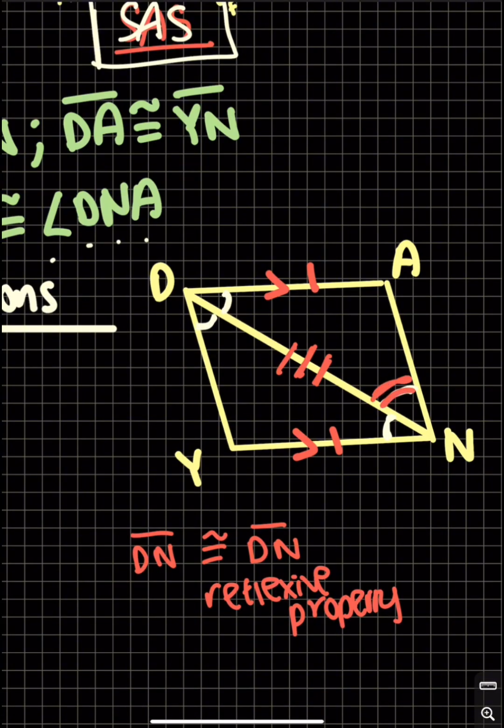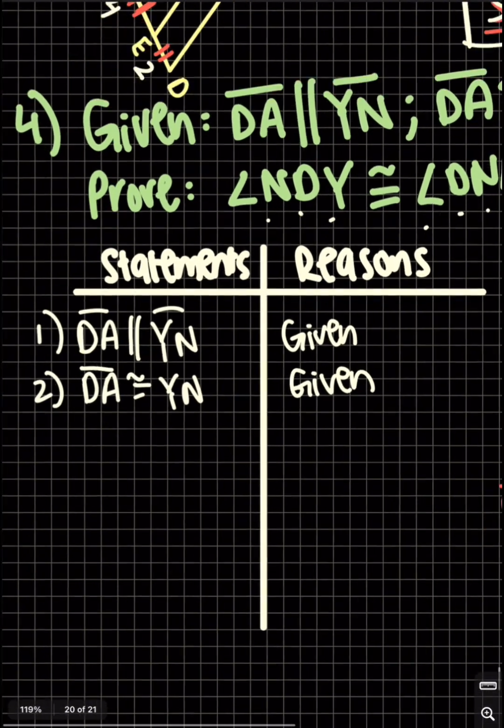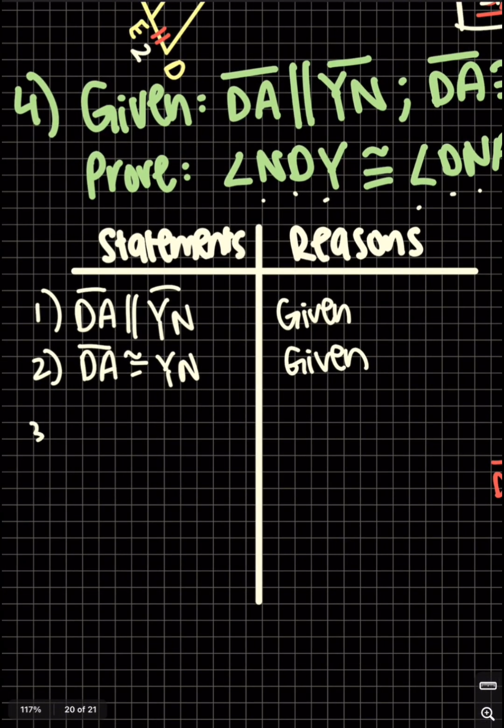So I'm just going to mark it like that to make it easier on you guys. And so I can see here that what I've basically done is that I found two sides and the included angle, which is again SAS congruency. So let's go into our two-column proof and write down what we've done.